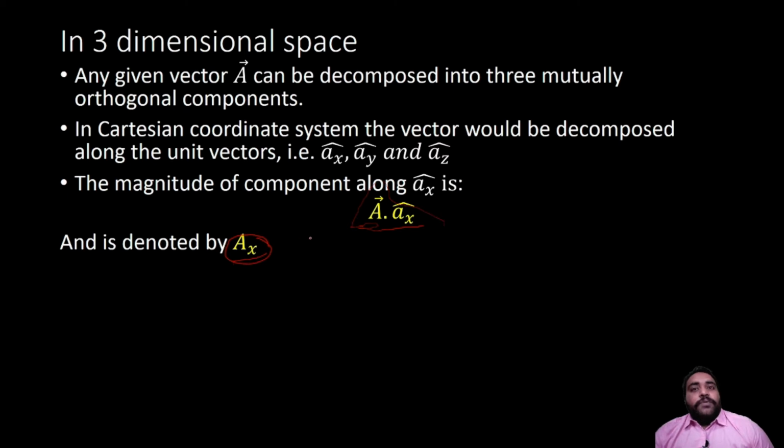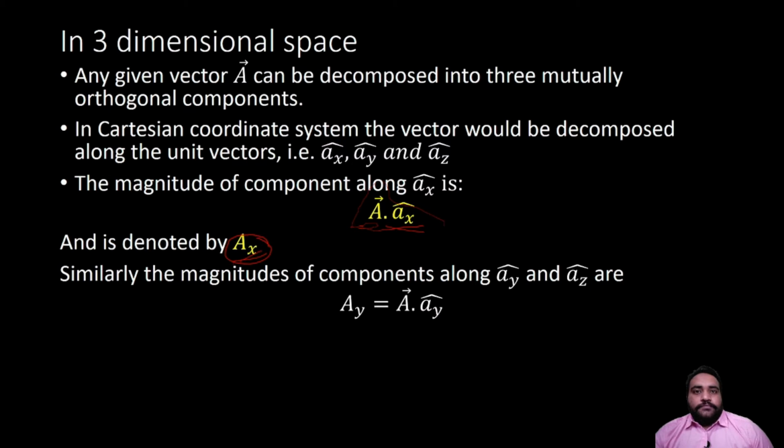So the vector component along ax cap would be Ax ax cap. Similarly, the magnitude of components along ay cap and az cap can also be determined using the operation of dot product. Ay equals a bar dot ay cap and Az equals a bar dot az cap. These are the scalar components.